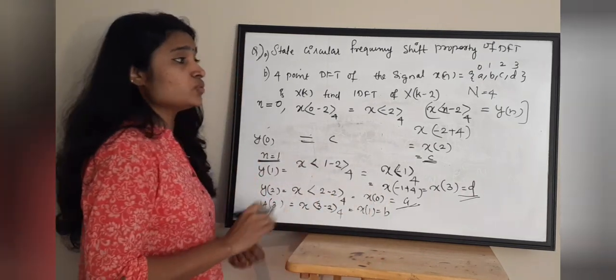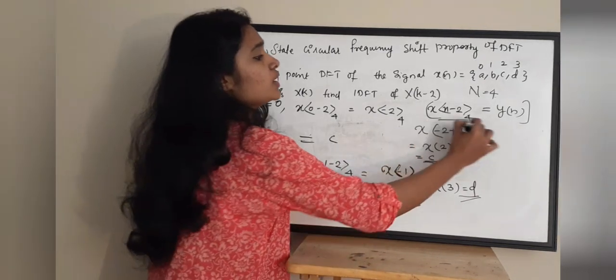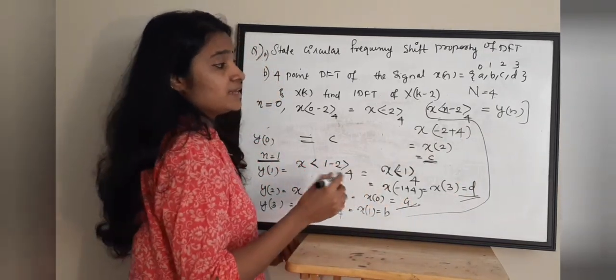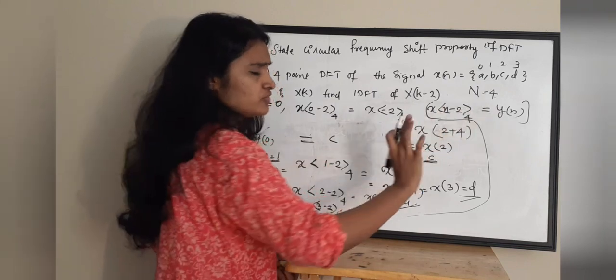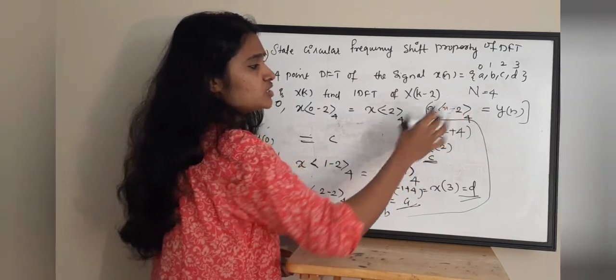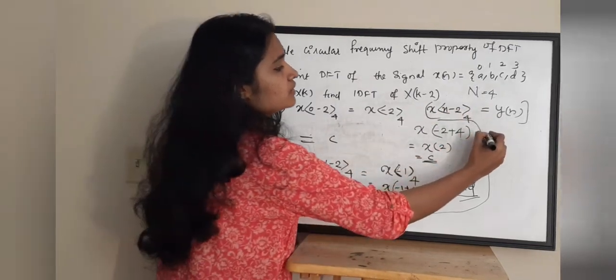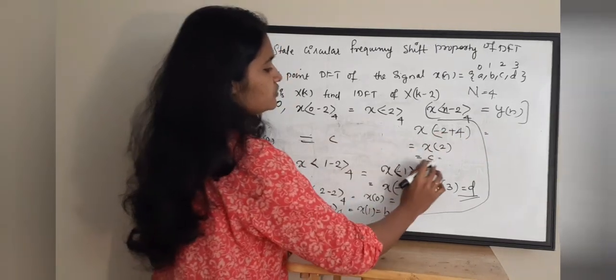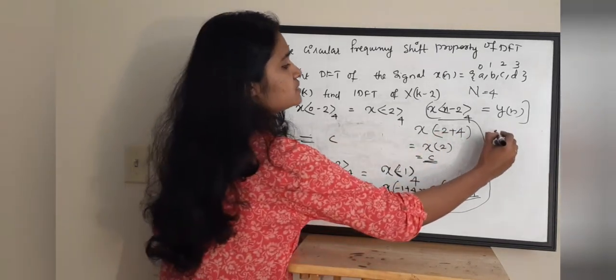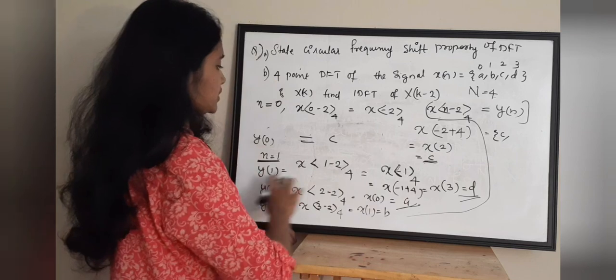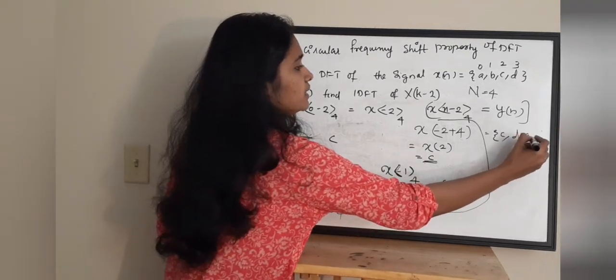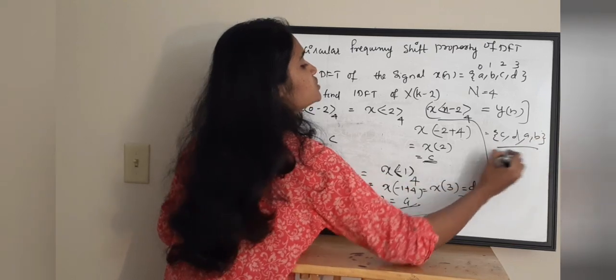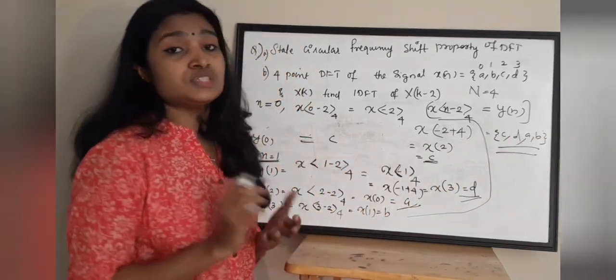So now you got all the values of your y of n. That is your shifted sequence. I have just called this shifted sequence as y of n. So your shifted sequence will be: first value y of 0 is c, then y of 1 is d, then a and b. So this is your IDFT value.